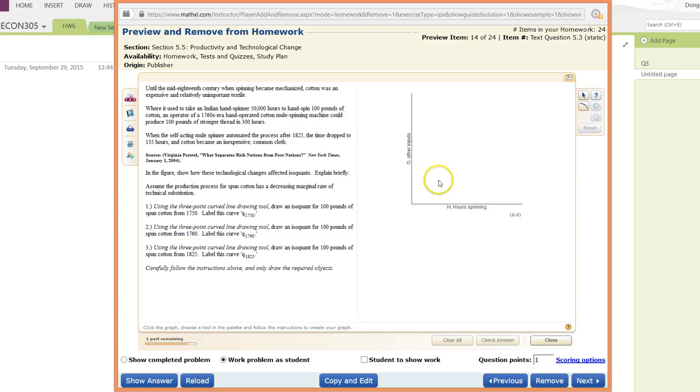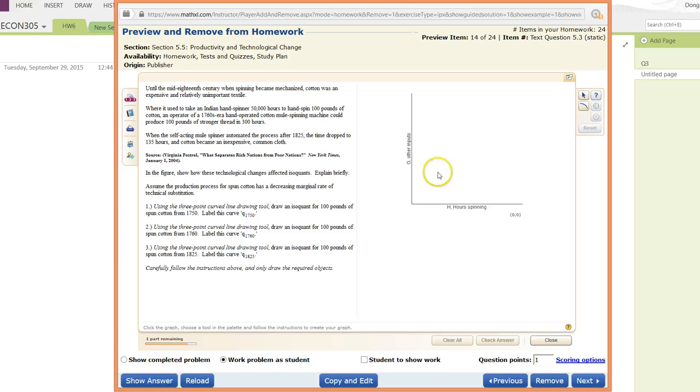And also with the technological progress, because we are using less and less hours to produce the same amount of cotton, the isoquant should be shifting inward with the technological progress. So with that in mind, we can now draw this isoquant.